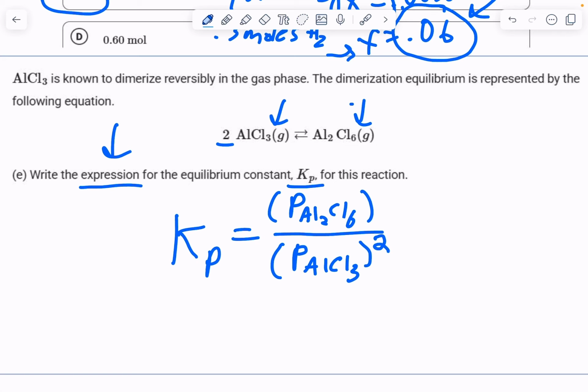This is all you have to write. For pressures, make sure it's in parentheses, include the pressure symbol and the molecule you're looking at, and make sure it's squared or cubed or whatever it needs to be. So this is what you want it to end up looking like right here.